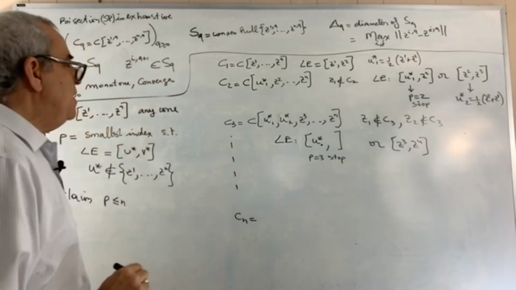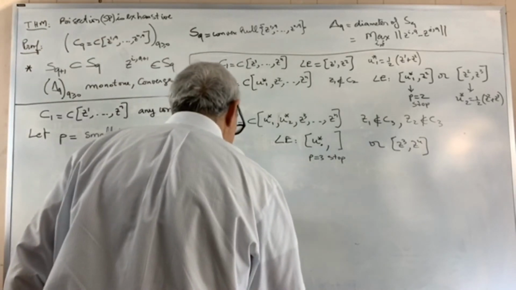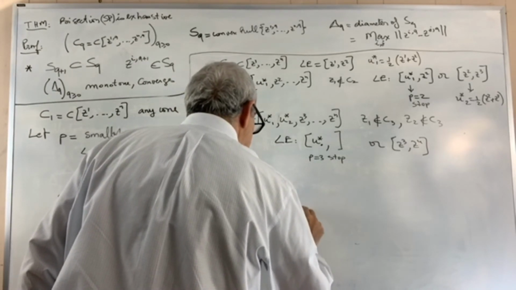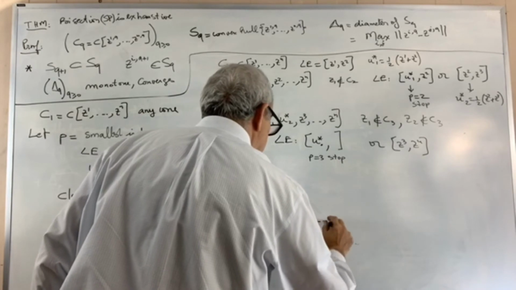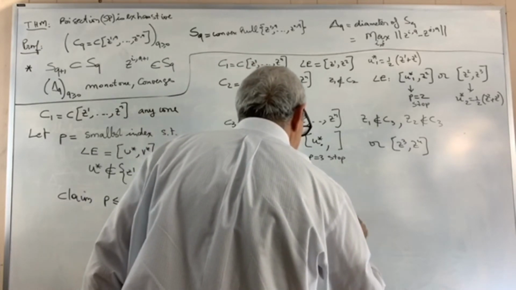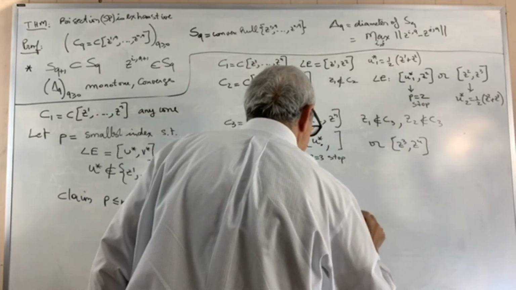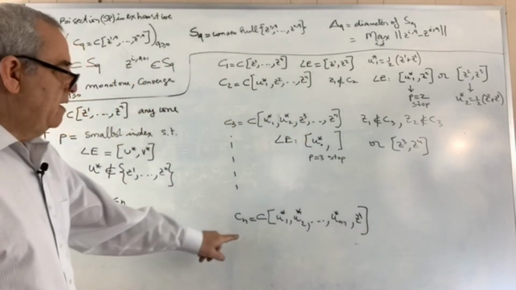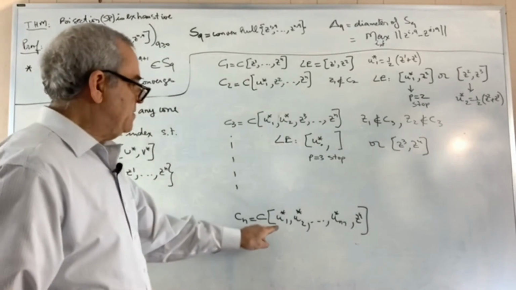Cn is C of U star 1, U star 2, etc., till U star n minus 1, and then Zn. And here, there is only one case, right?